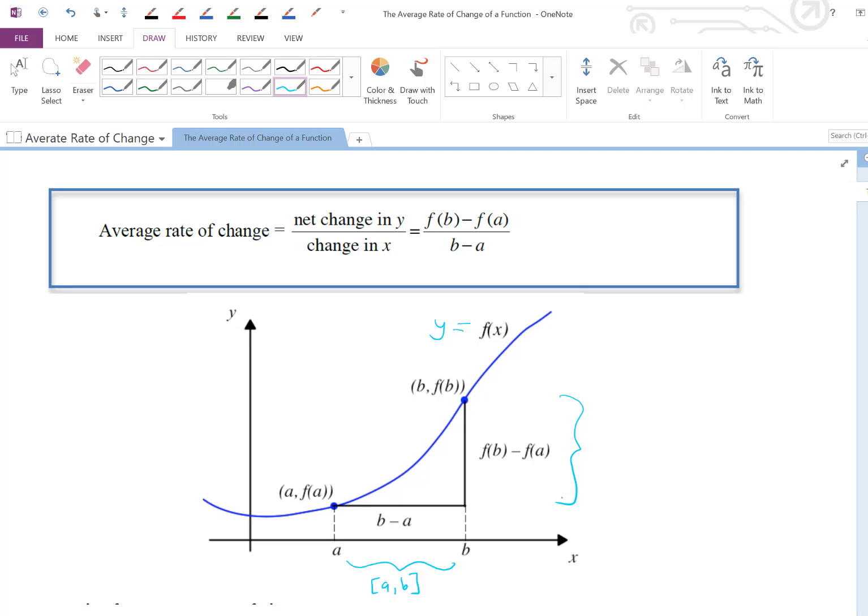The corresponding input change in the x direction is the difference of b minus a. And so we see that if we take the ratio of these, we're going to get what's called the average rate of change of the function over the interval a to b.